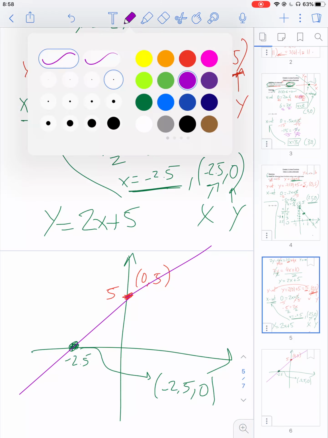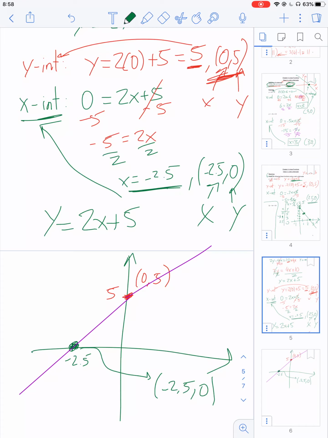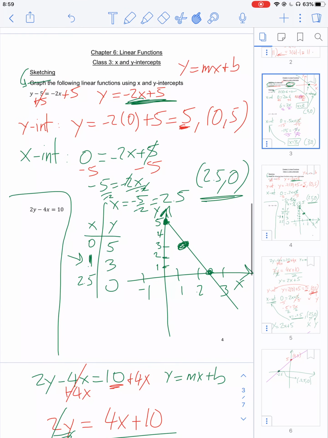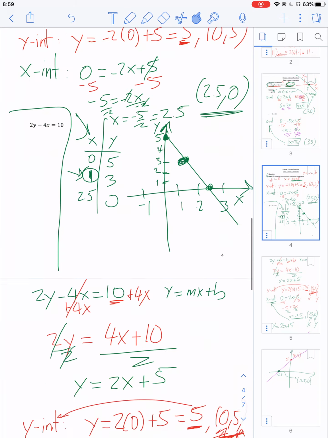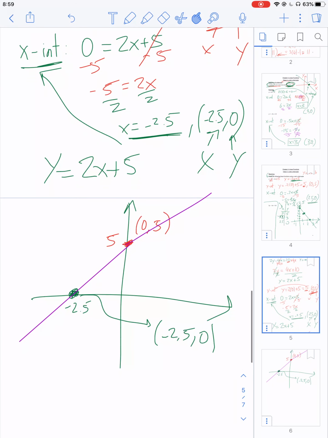I don't really need you to label this or scale this, because it's just a sketch, okay? So no need to make this more complicated. Kind of like what I did in my first example, you could, by using the table of values and increasing your x's, by looking at the denominator of your slope, graph this and scale everything.